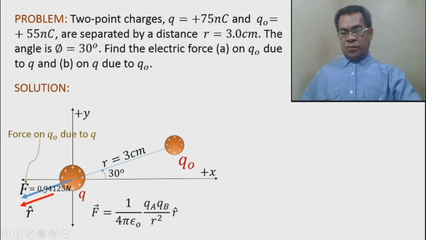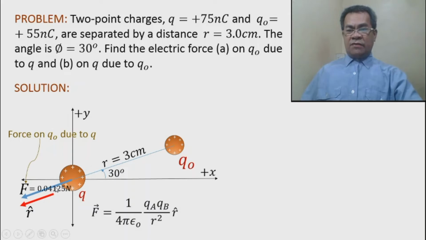Remember, the magnitude is 0.04125 Newton. So, all you need to do is to find what is R hat. Because we need to multiply this magnitude, by the way, this value 1 over 4 pi permittivity QA QB over R squared is actually equal to 0.04125 multiplied by R hat.